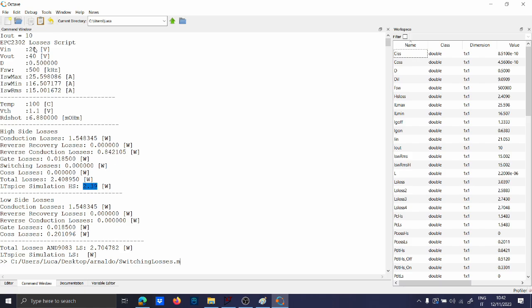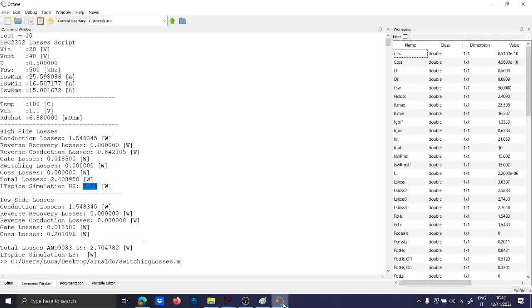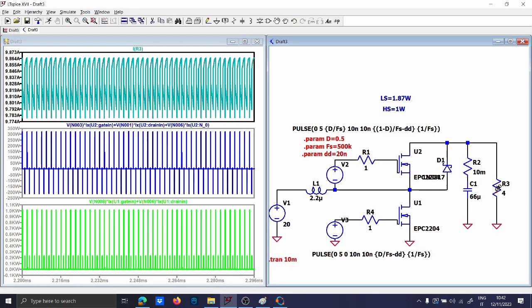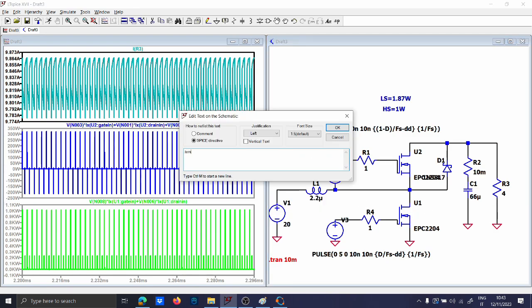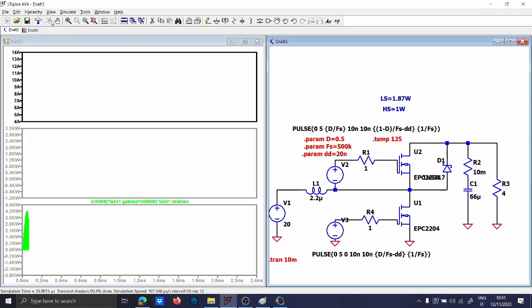Let me check that everything is correct. FS is that? Yes, I think that everything is correct, and the output current is 10. Yes. So I don't know. Dot temp equal to 55. Let's use the, yeah, yes, because I didn't put the temperature.